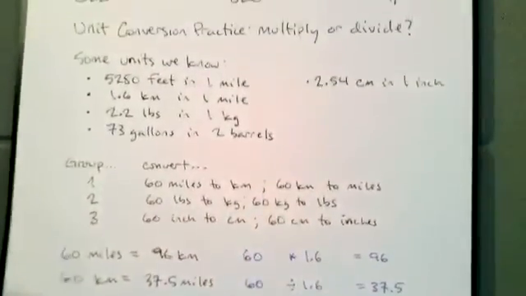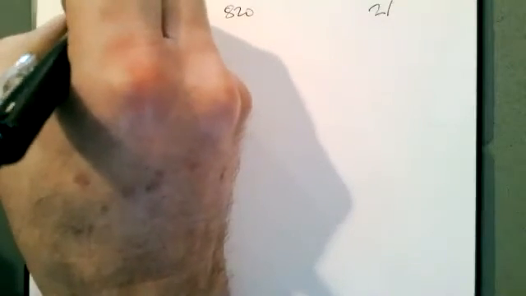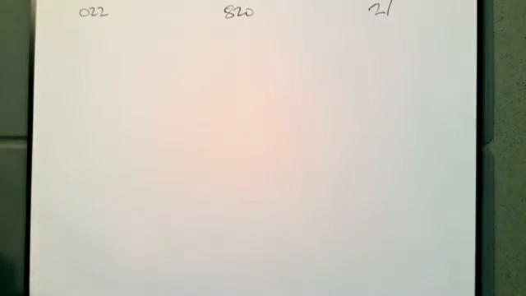In these cases, we could kind of get away with figuring out which one is the bigger unit, and then multiplication will make things bigger. So this is 820. So in these problems, we could get away with just saying which unit is bigger and then multiply to get the bigger units.